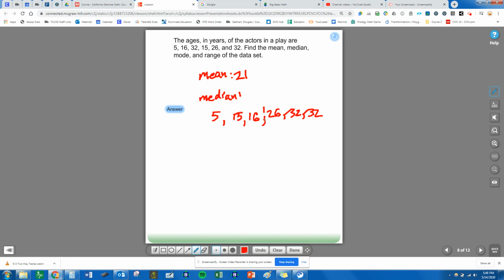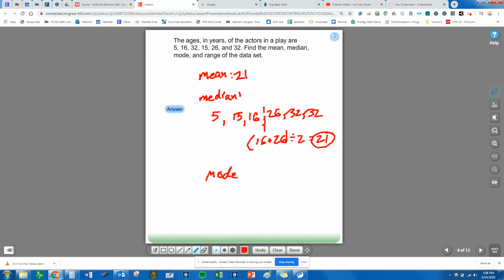You should have realized it was in between 16 and 26. Then you take the average of those, and you should have gotten 16 plus 26 divided by 2. In this case, you would get 42 divided by 2 is 21. 21 is our median.